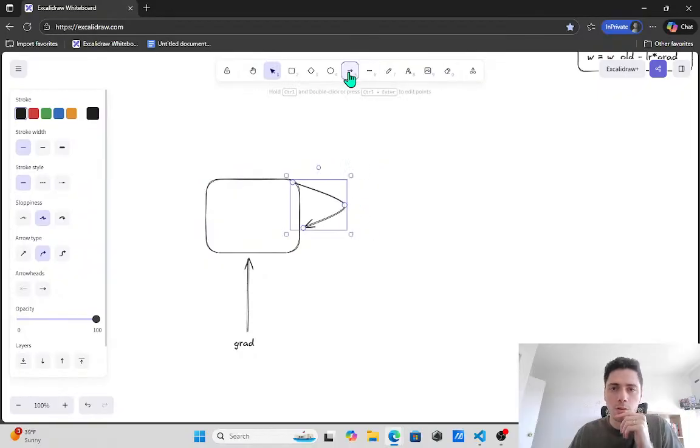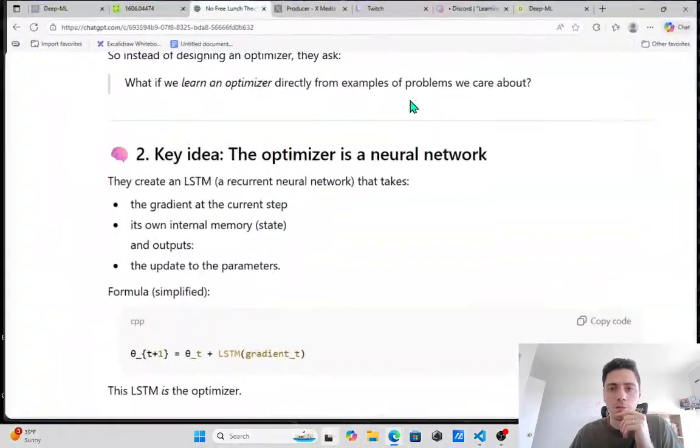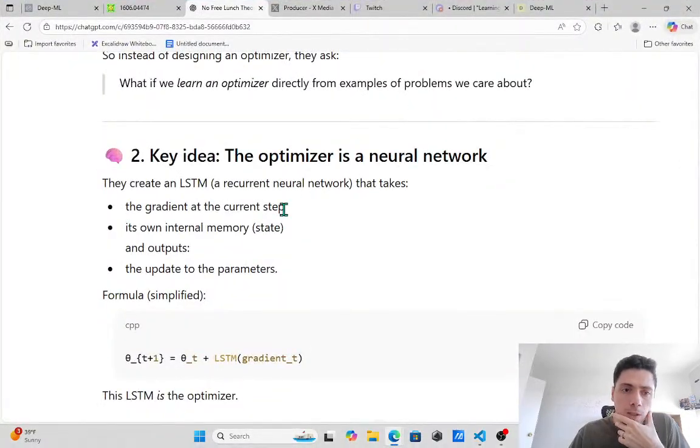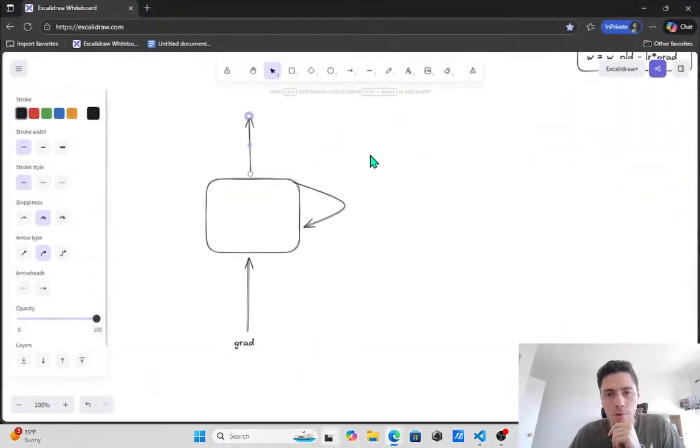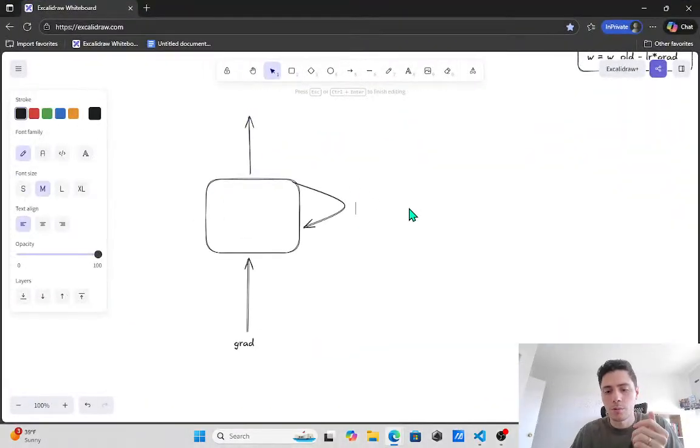I'm assuming it's going to look, I mean, this is what the RNN looks like. So let's continue reading it. Reading the current step. Okay. Its own internal memory state. So yeah, memory H.